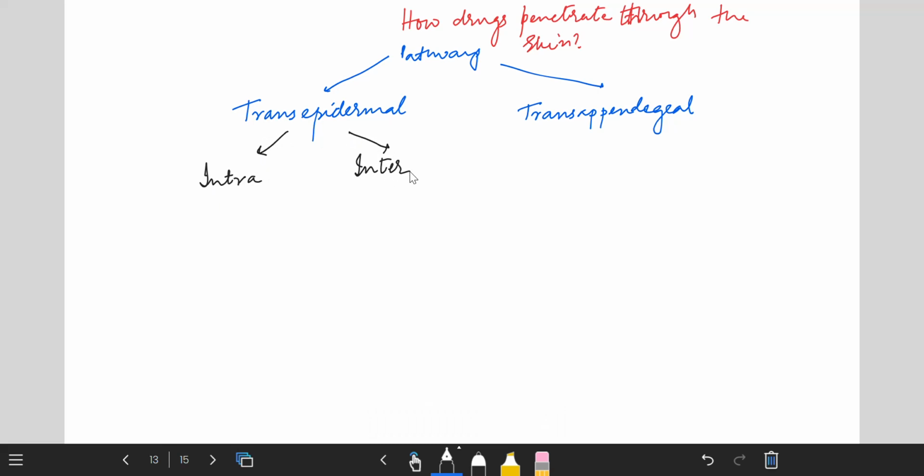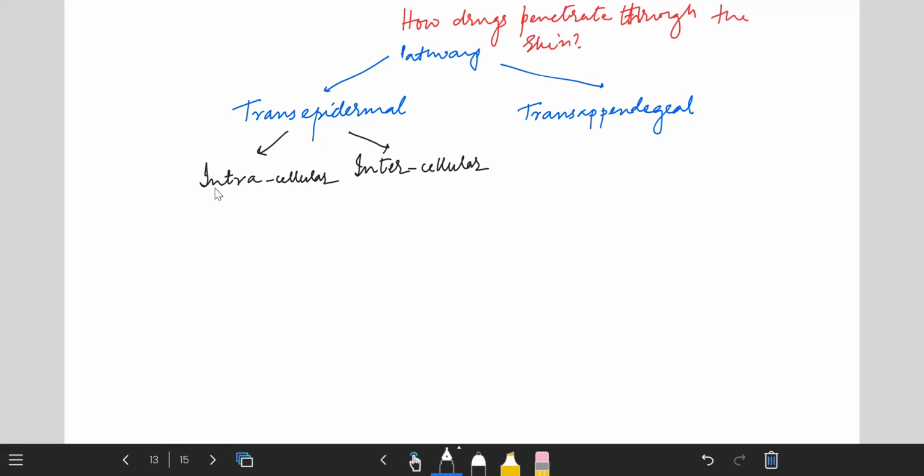So in the intracellular, that is the complete word. So in the intracellular route, what happens? In this intracellular route, drugs actually penetrate through the corneocytes. Okay. Or transportation of hydrophilic or polar solutes occur.